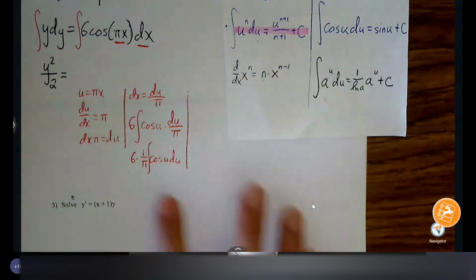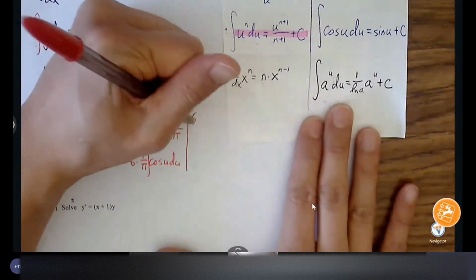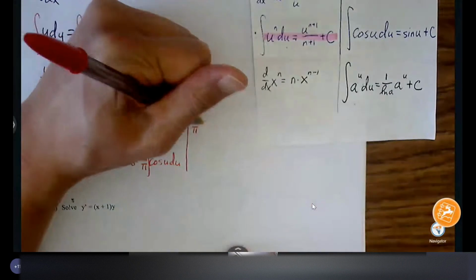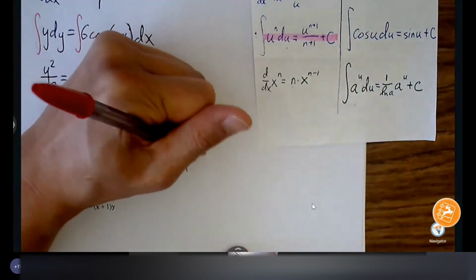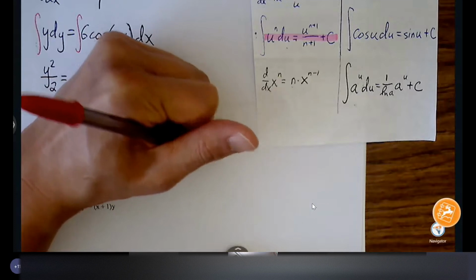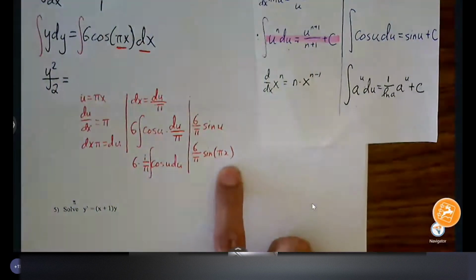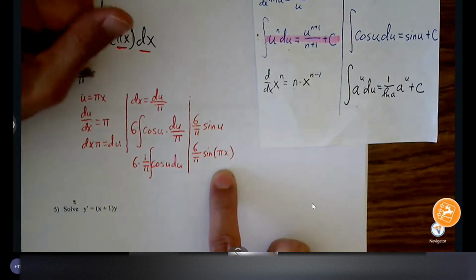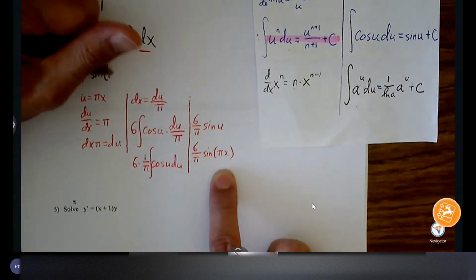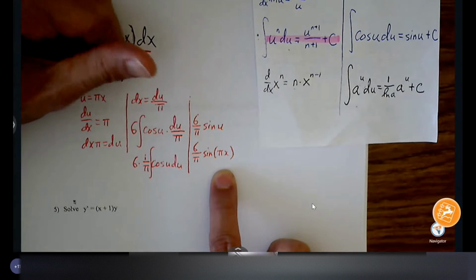Okay, and then so we know that this cleans up to be 6 over pi. Integral of cosine is sine of u, and then replace the u back in terms of x. So this whole thing is just going to be 6 over pi sine of pi x plus c.